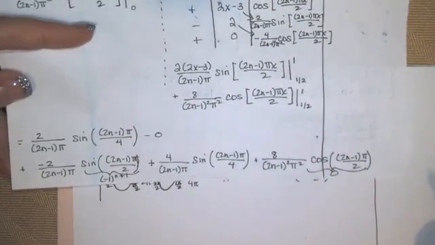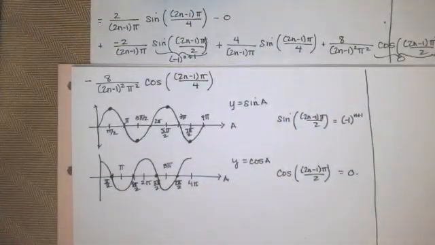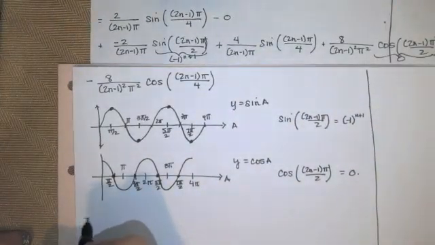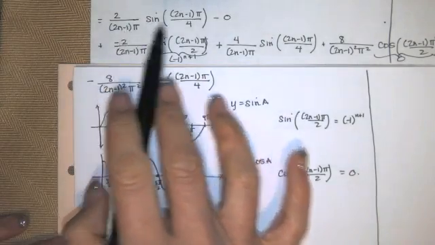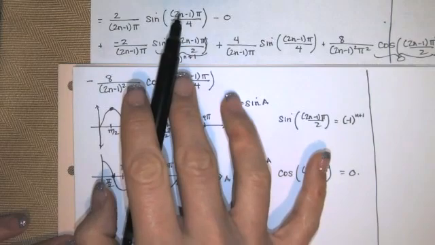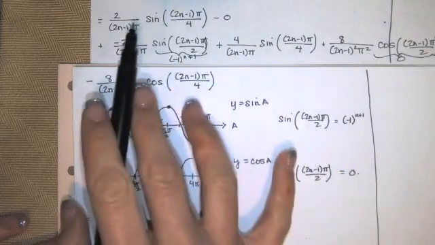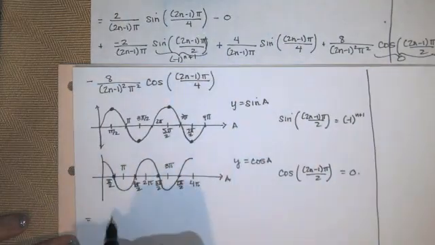Okay, so let's combine these guys. I've got a constant times sine of odd multiples of pi over 4, and I have something similar here. I've got 2 of those here and 4 of those there, so it looks like I've got 6 of those total.